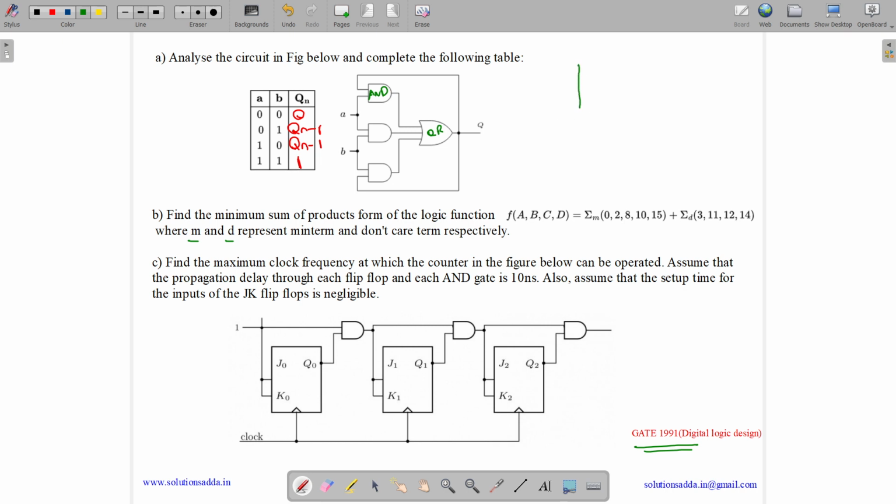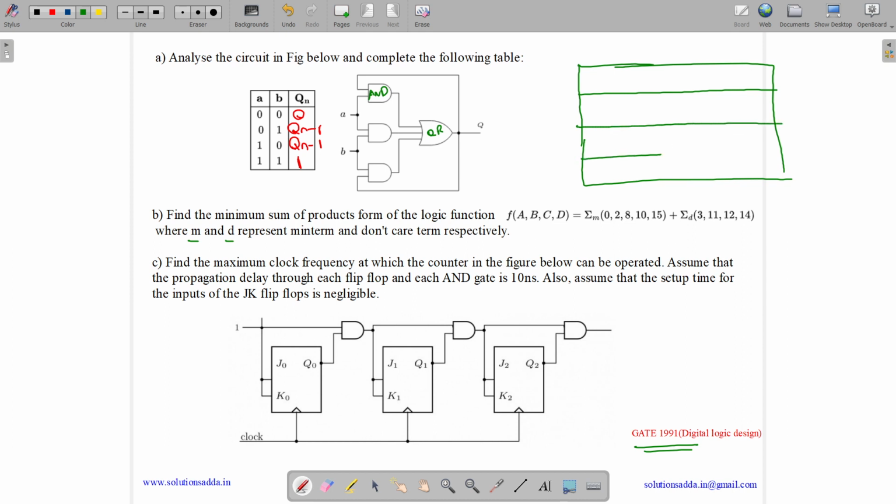First of all, there are 4 variables, so let me draw the 4 variable K-map for you. The 4 variable K-map looks something like this. Here we have AB, here we have CD, with the order 00, 01, 11, 10.